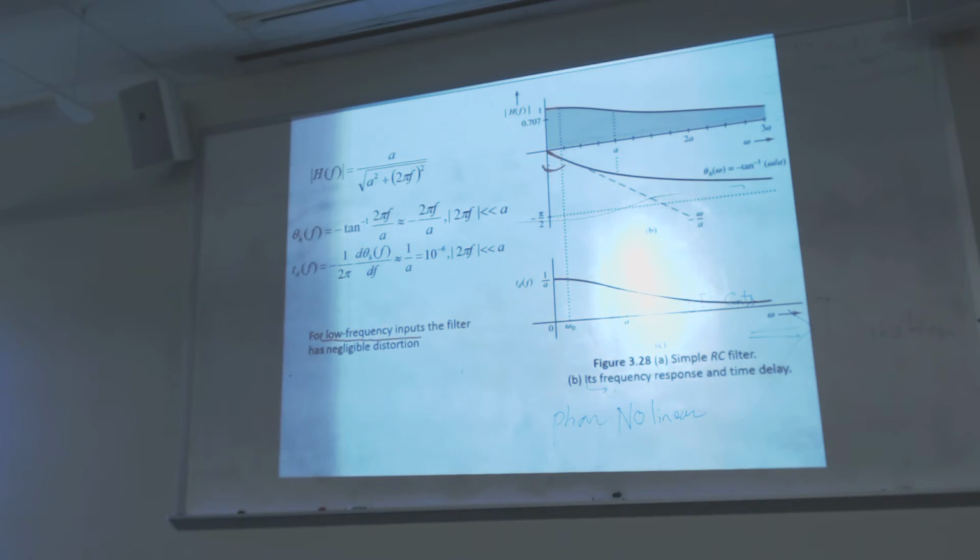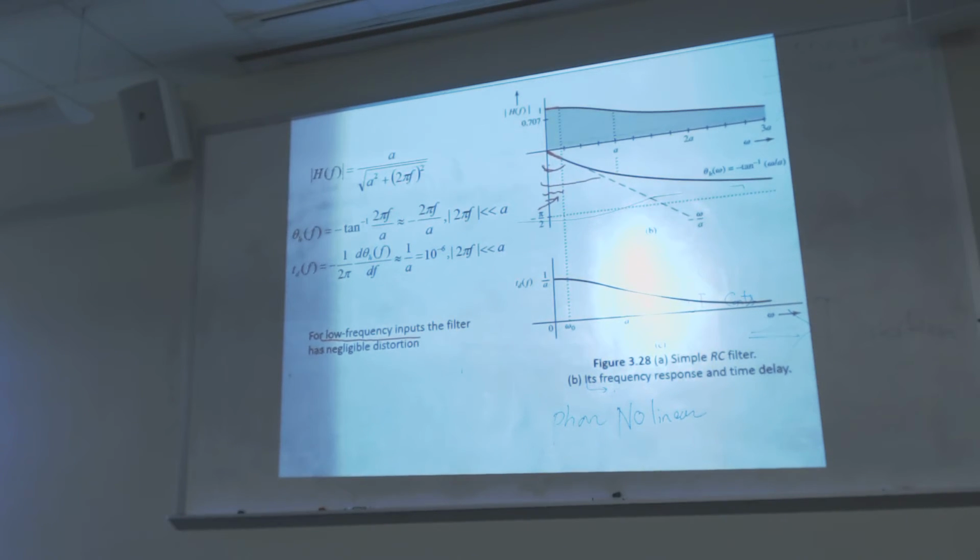If my input only has low frequencies in this range, then this is the part of the response that will be treating my signal. Then I can say, okay, maybe this is distortionless for these low frequencies.